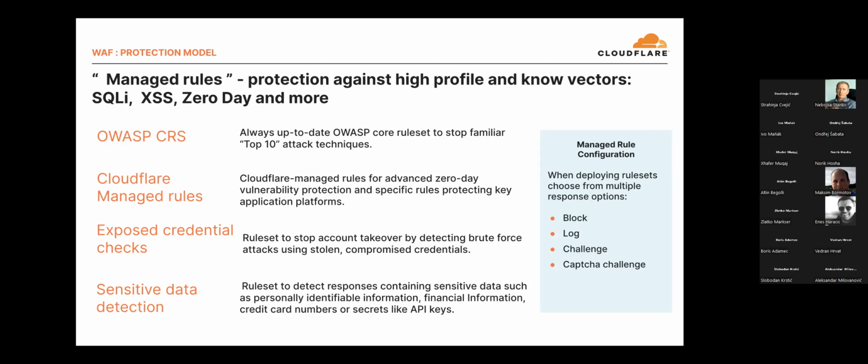Another mechanism to protect your web application, your origin server, is sensitive data protection. Sensitive data protection is a rule set which scans the response, the payload sent by the server to a visitor, and it can log or block the sensitive data which is detected.